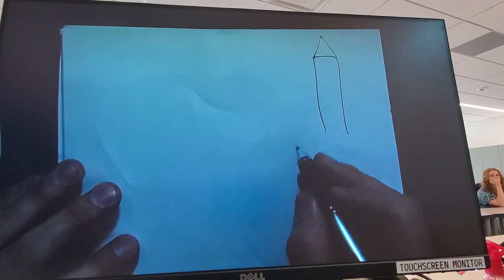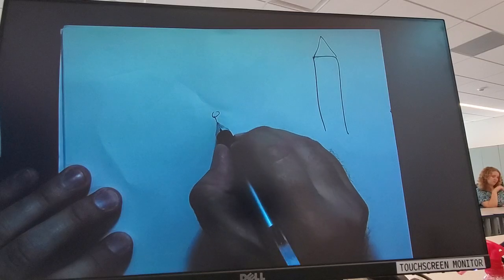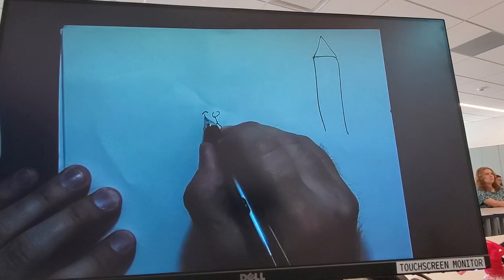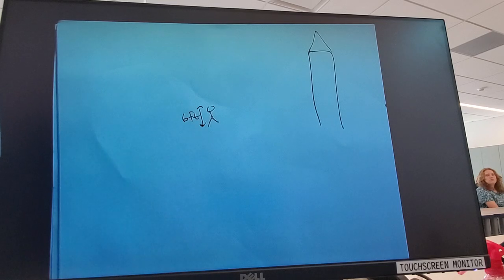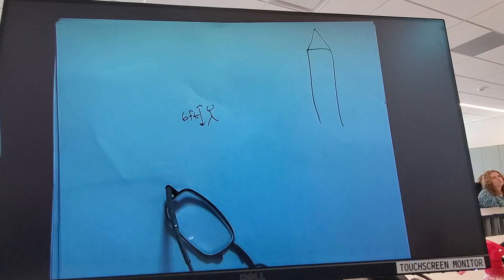And I want to know how tall this thing is. And I'm standing here, and let's just pretend I'm 6 foot tall. There's also this device that can measure the angle.